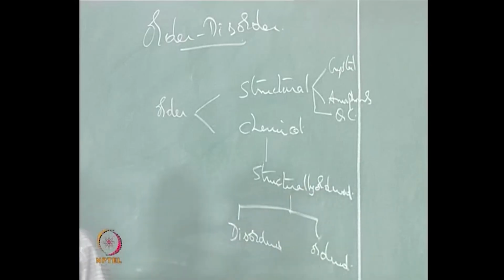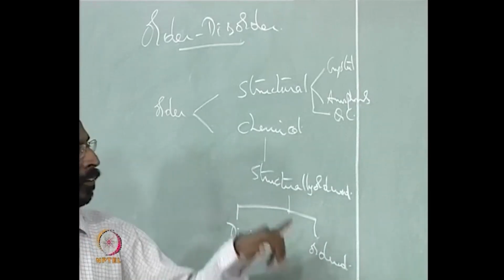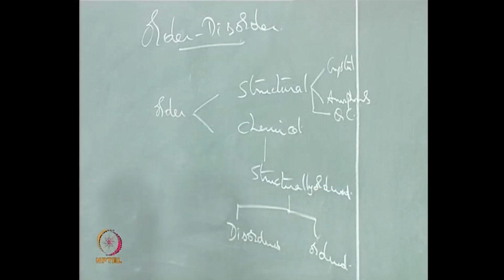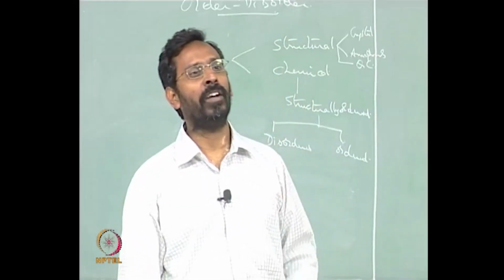So if I consider first of all that it is crystalline, that it has a certain crystal structure, then I talk about whether it is ordered or disordered, and this question of ordered or disordered comes into picture for the structurally ordered materials only when you have more than one element inside the material. If you have a pure metal, we obviously do not talk of a chemical order.